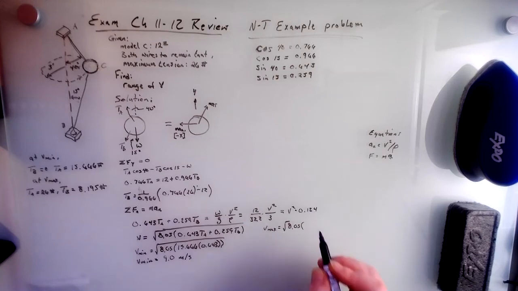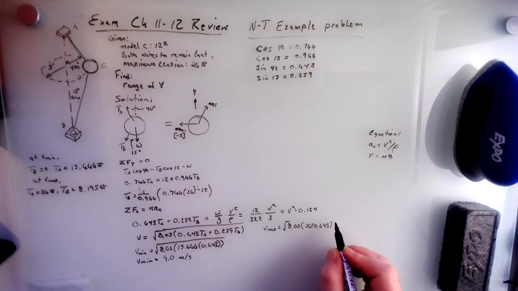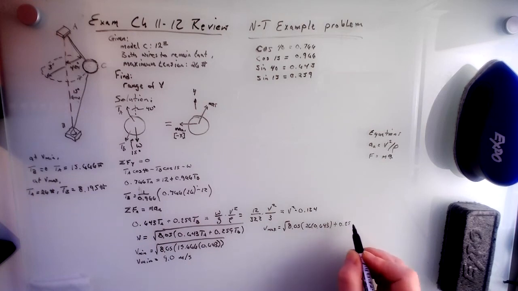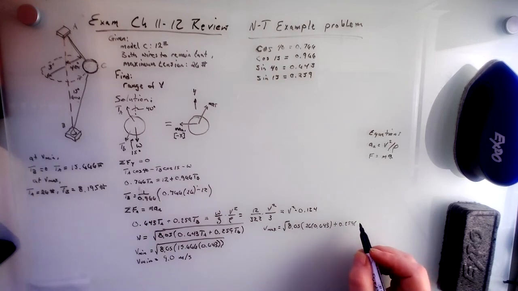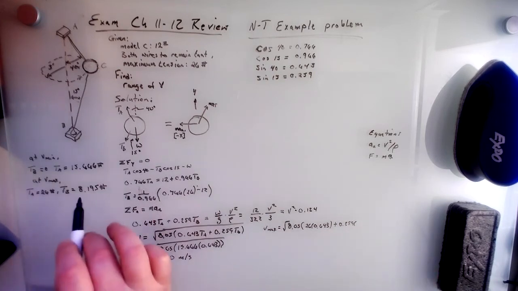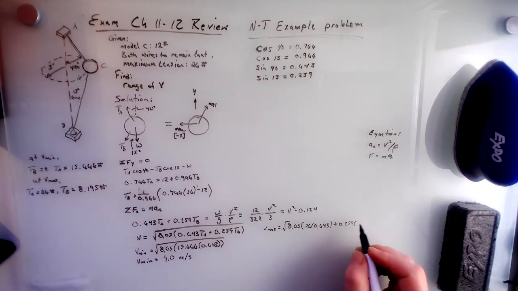We got 26 times 0.643 plus 0.259 times 15.666.